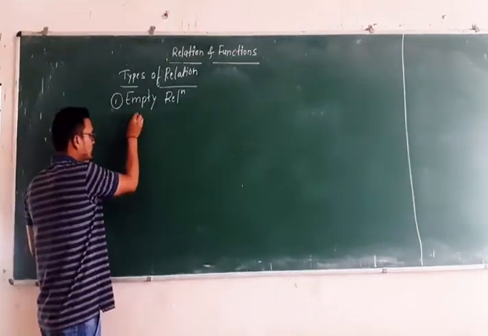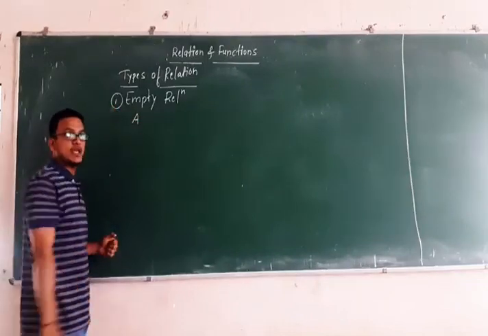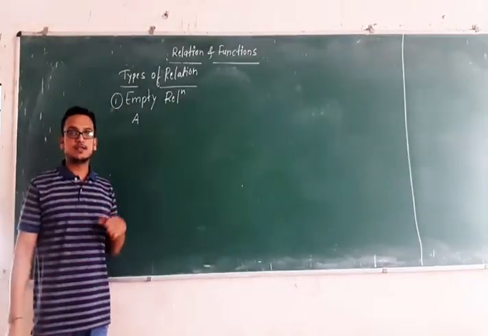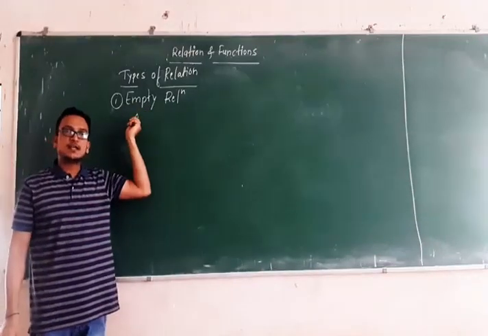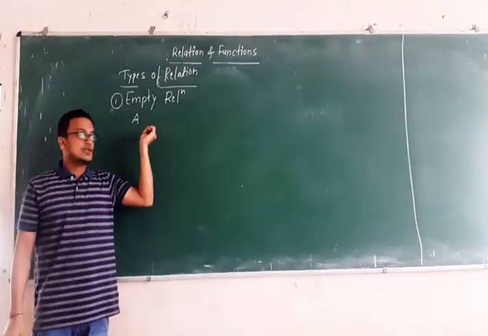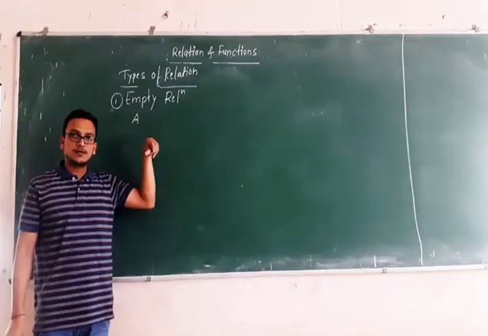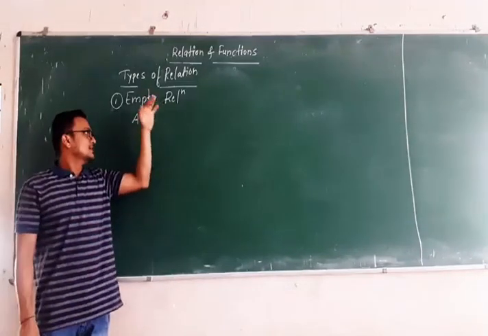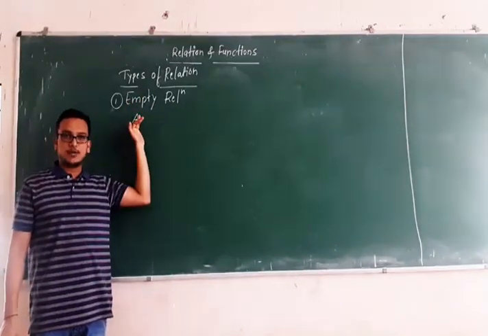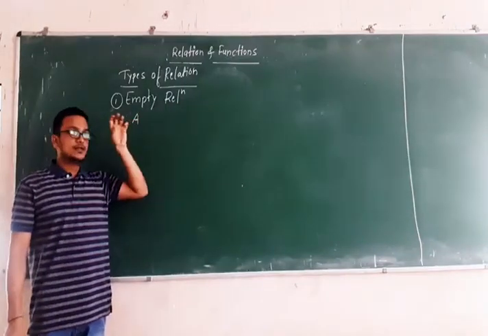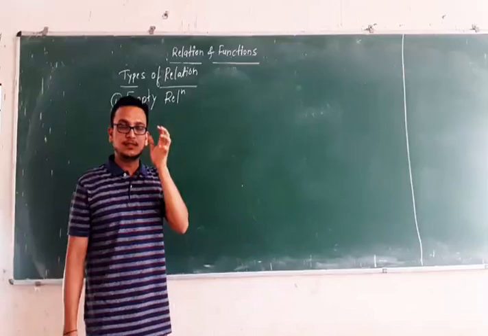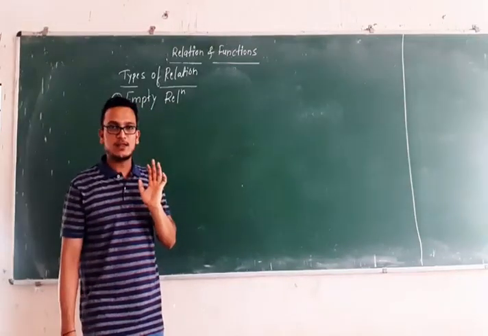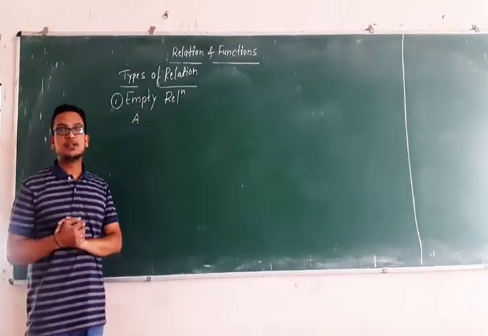Suppose we have one set, that set is A. Now if the elements present in set A are not related with any element of set A, which means the elements are not related, then we can say that it is an empty relation.